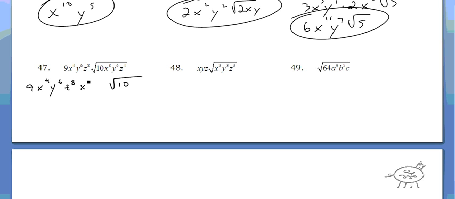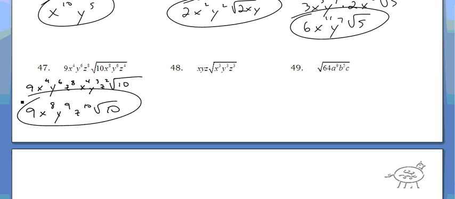So that's x to the 4th, y to the 3rd, z squared. Okay? And then you multiply it all together. Don't forget you add your exponents. So it's 9 x to the 8th, y to the 9th, z to the 10th, root 10. And that's your final answer.